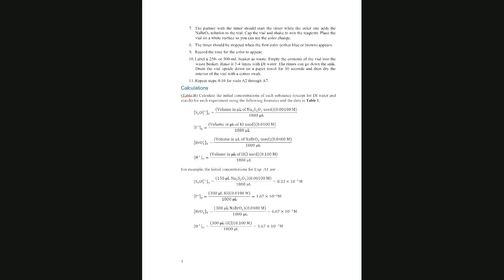We did the iodide: the volume times the concentration of the solution divided by the final volume. And then they give you, for example, what I did: the initial concentrations for experiment A1 are, and they show you. This one is what I did for A1.